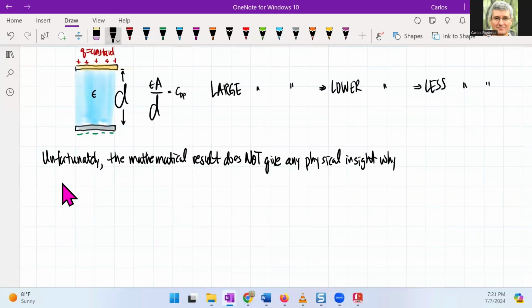Why the capacitance changes with, sorry about that, with the plate separation.